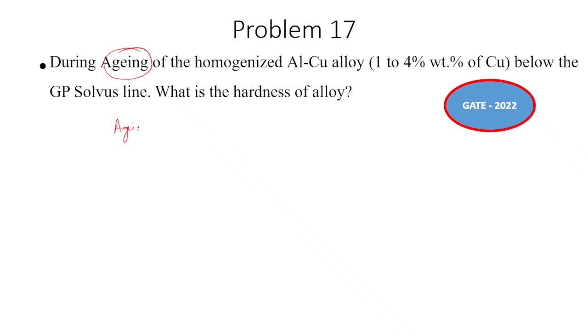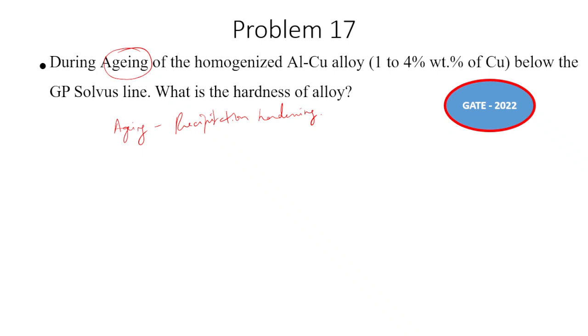The process of aging is also known as precipitation hardening.